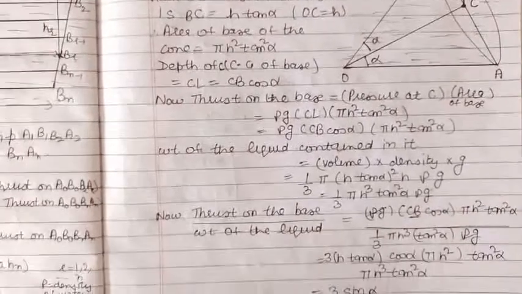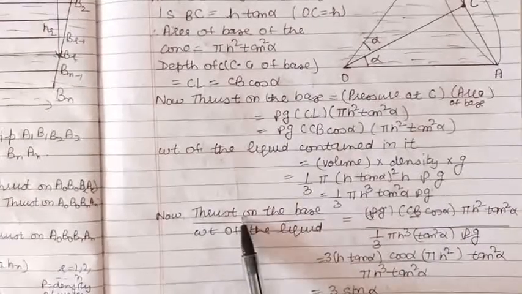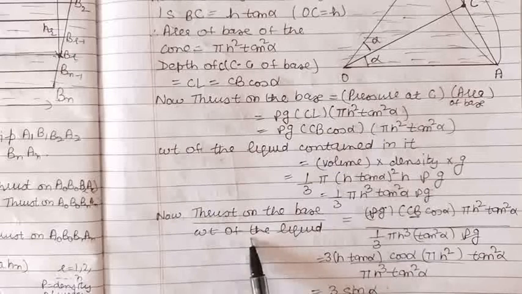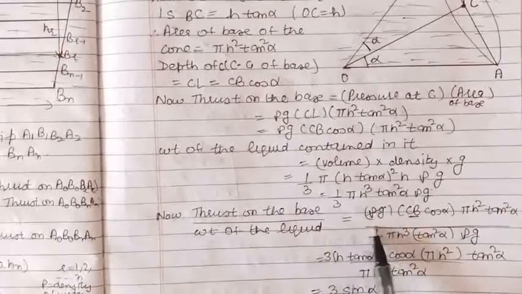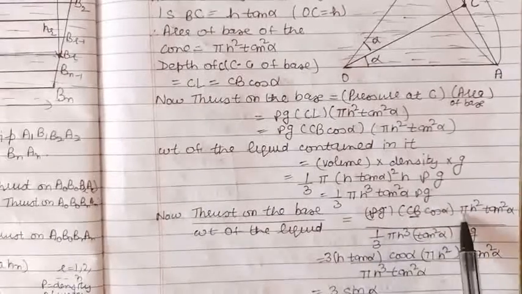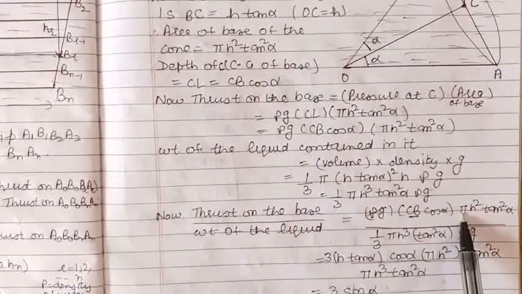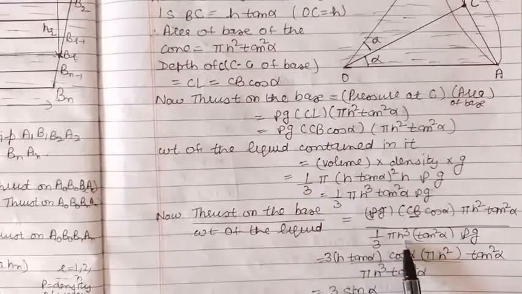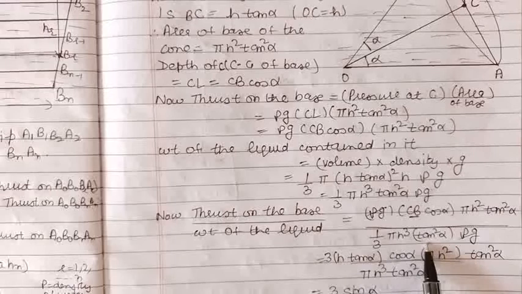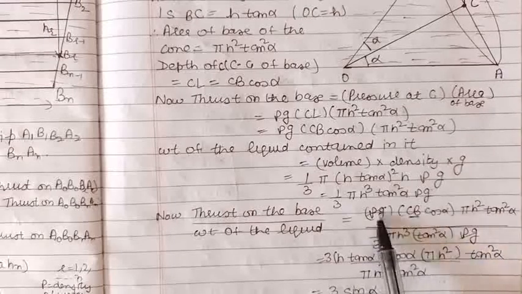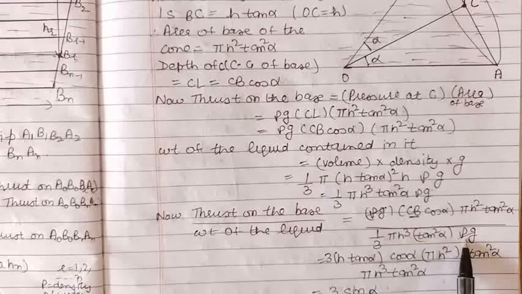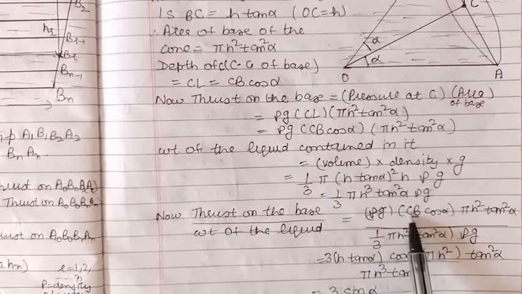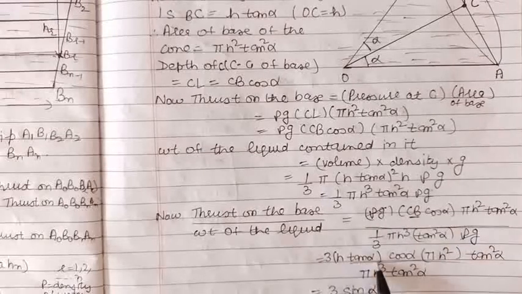Now let us find the ratio of thrust on the base and weight of the liquid. Thrust on the base we have obtained as rho g into BC cos alpha into pi h square tangent square alpha, and the weight of the liquid is 1 by 3 pi h cube tangent square alpha into rho g. Rho g is cancelled from numerator and denominator, putting the value of BC, which is h tangent alpha.